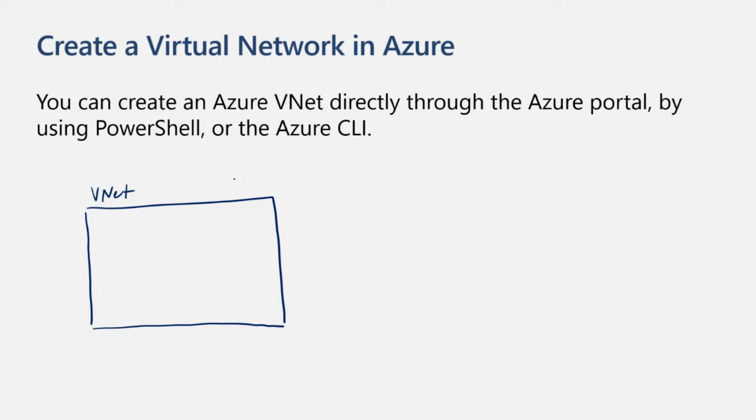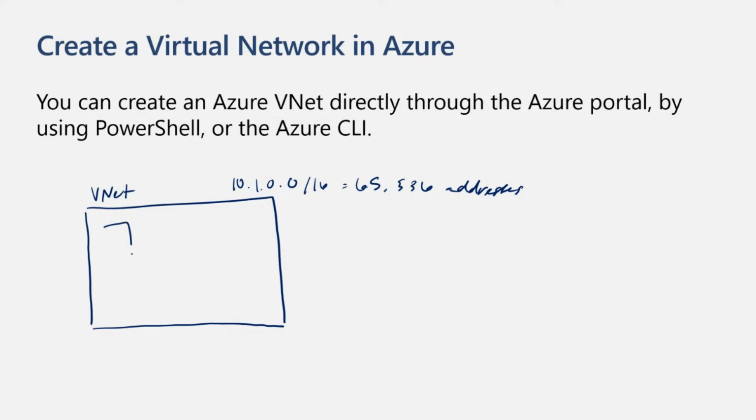So for my virtual network, this is going to have an address range of 10.1.0.0/16, which essentially means that I'm allocating 65,536 addresses for my virtual network, which is quite a lot of addresses, which is where the subnet comes into play for that further segmentation of these 65,000 addresses.